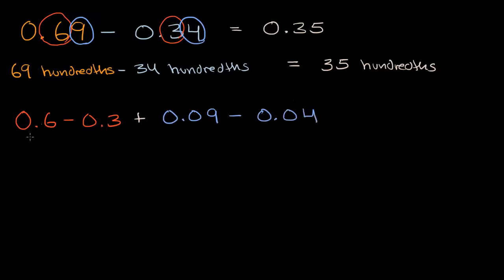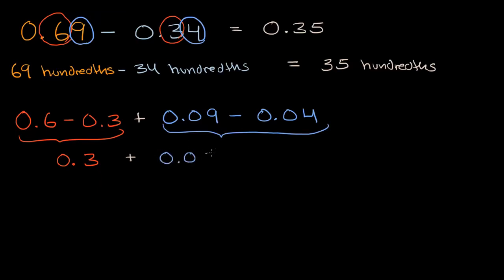So I have 6 tenths and I take away 3 of them. That's going to give me 3 tenths, or I could just write that as 0.3. And then to that, I would have to add 9 hundredths minus 4 hundredths, which is 5 hundredths, so 0.05.